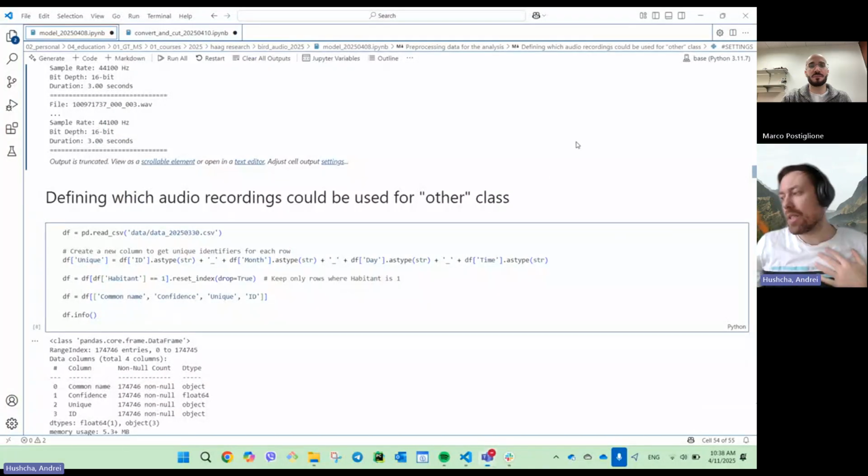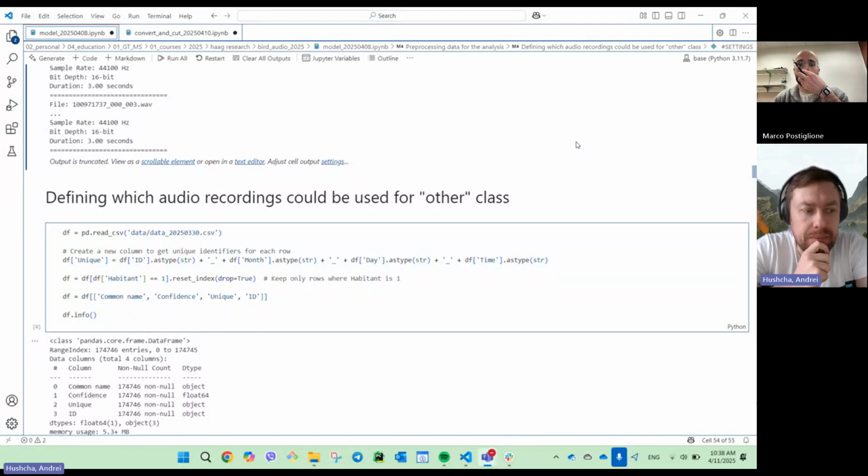Okay, so the main question was how to define the other class. My main idea was that we have a huge amount of field data for audio recordings, and let's split it, because we have to make sure the other class is somehow similar to all the sounds we have around when we train the data.